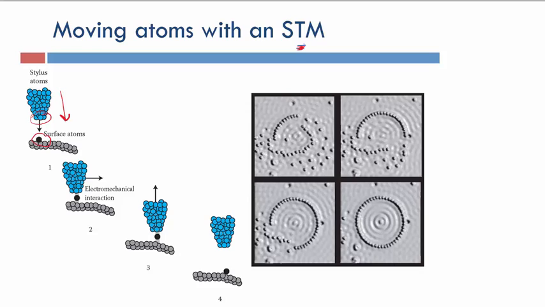There's an electromechanical interaction between the tip of the stylus and this atom, and the atom can be picked up and moved by the stylus and then dropped someplace else. So by this method we can push and move atoms around at the atomic level, which is quite neat.